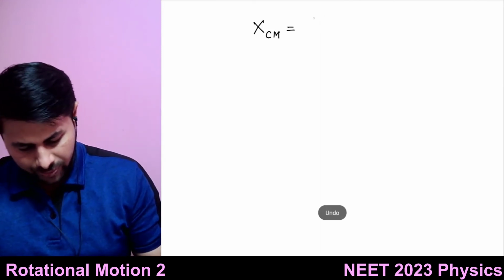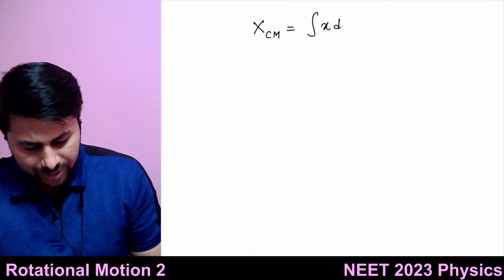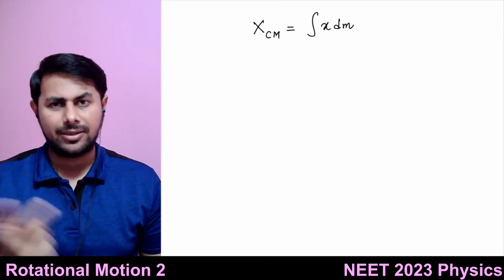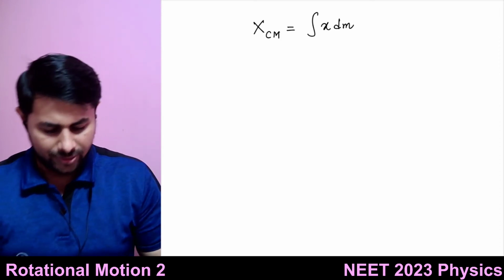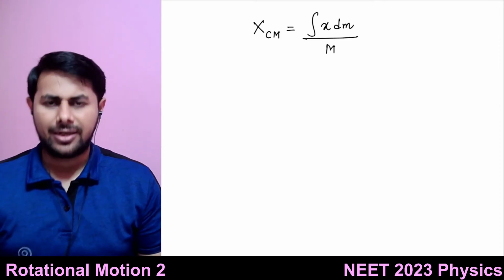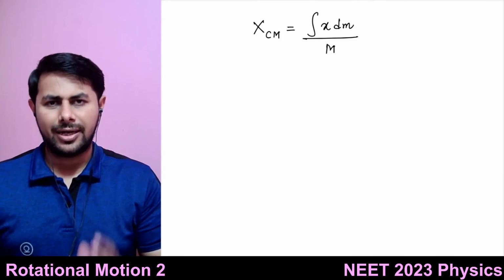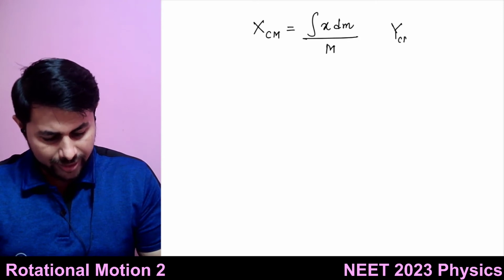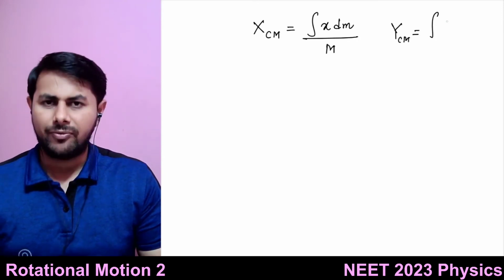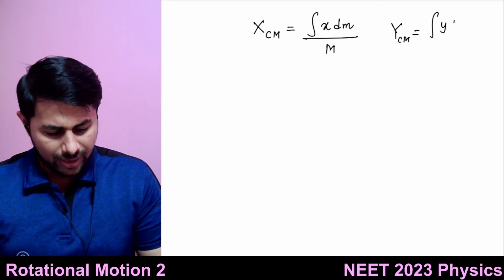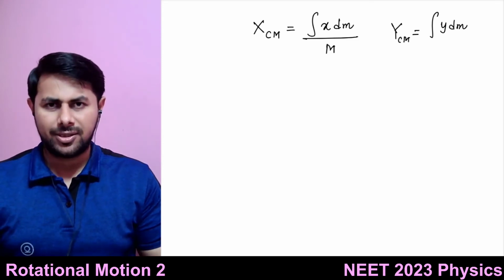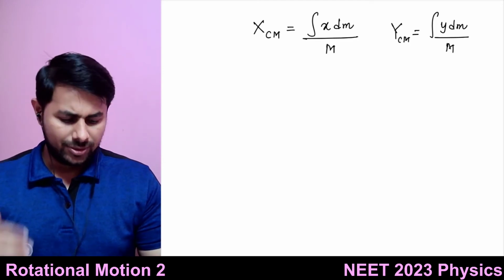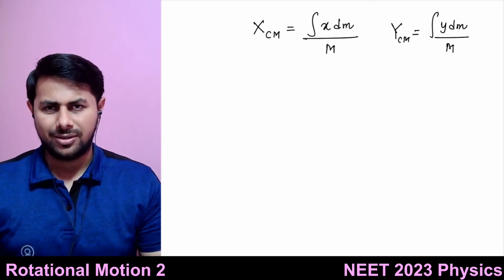So we take x times dm, where x is the x coordinate of mass dm, integrate it over this body and divide that by the mass of the body, and we'll get the x coordinate of center of mass. Similarly, for the y coordinate of center of mass, we integrate y times dm over the body and divide it by M. So this way we can find out the y coordinate.